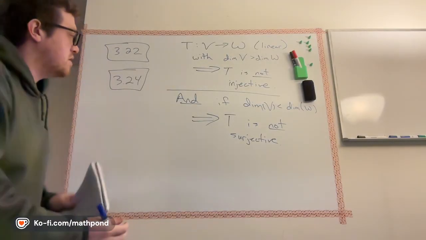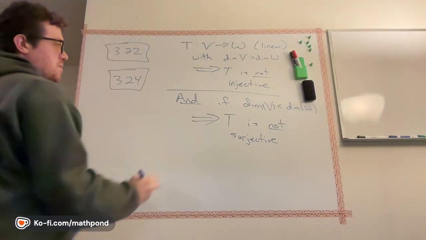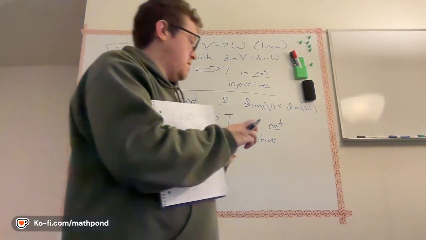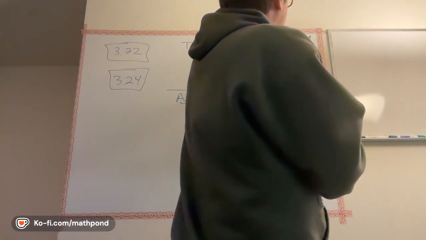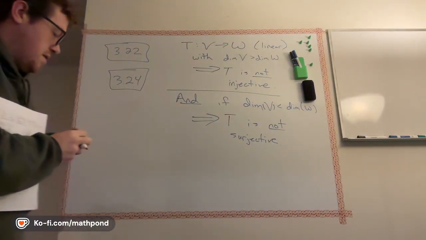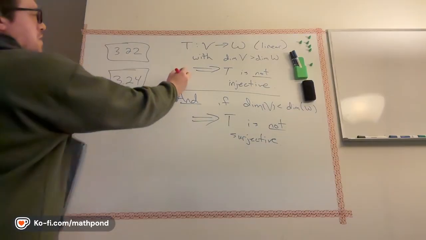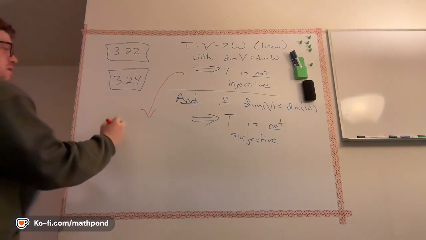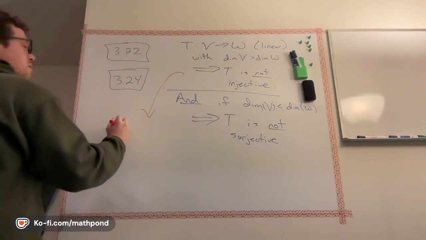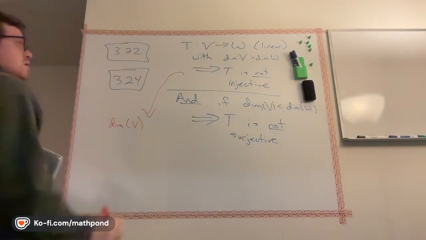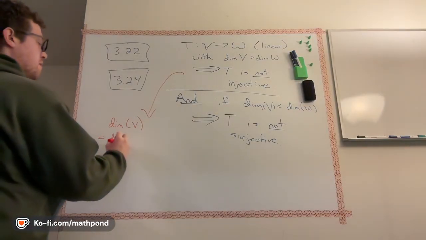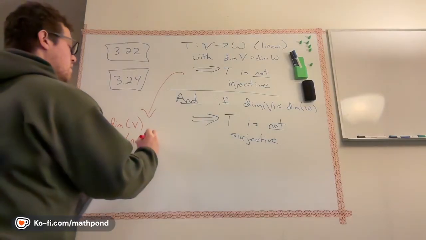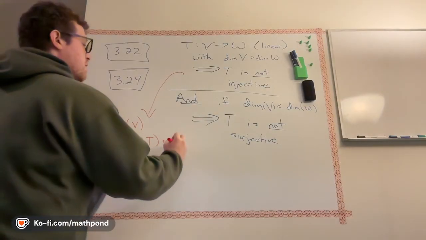Right, so let's just translate what that means. Let me write in a different color. Right, so for this first case, this is equal to the dimension of the null space plus the dimension of the range.